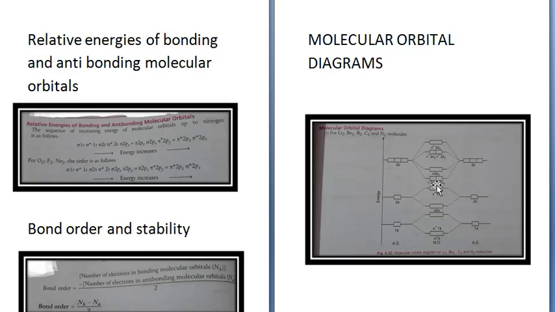On top of it will be sigma 2px. Then there will be anti-bonding pi asterisk 2py, 2pz and anti-bonding sigma asterisk 2px. Okay, so this is how up to nitrogen, like Li2, Be2, C2, N2, the molecular orbitals are drawn.